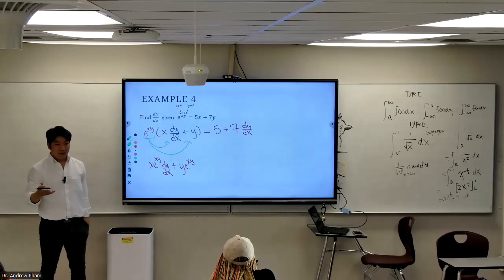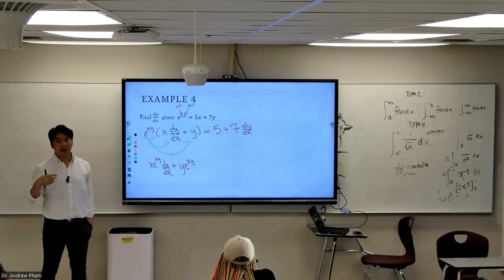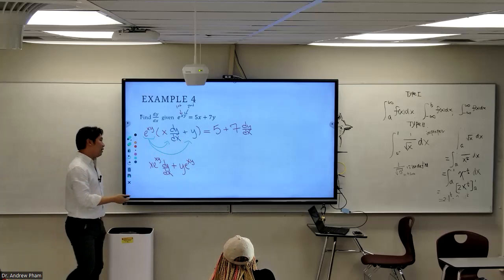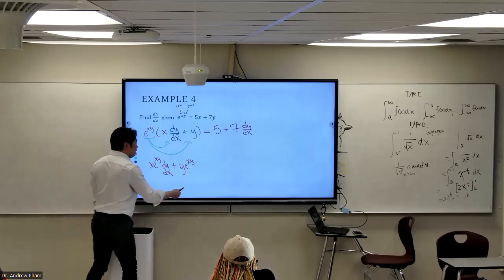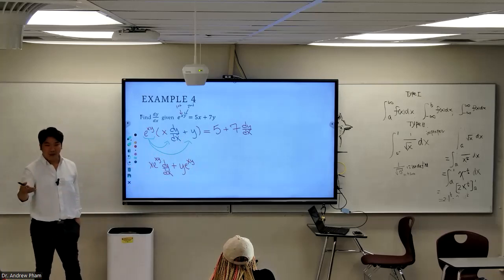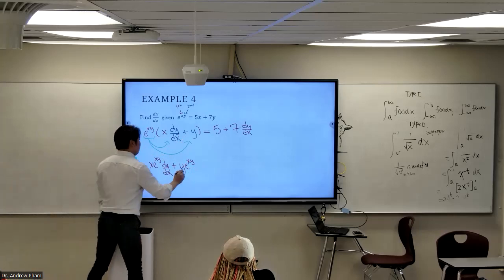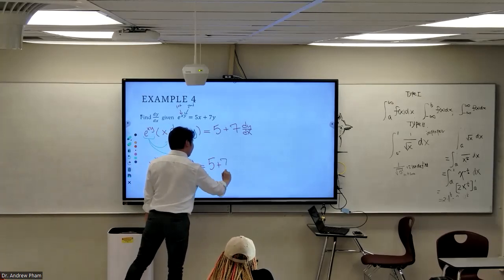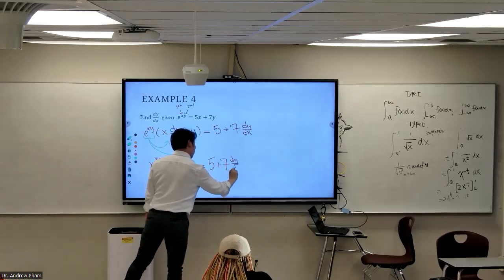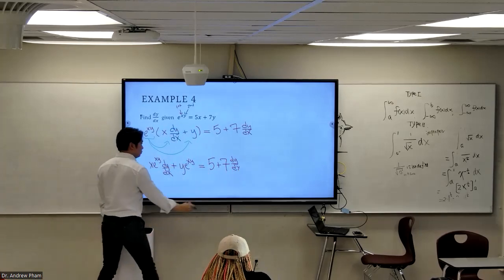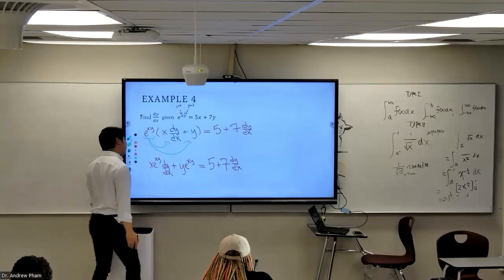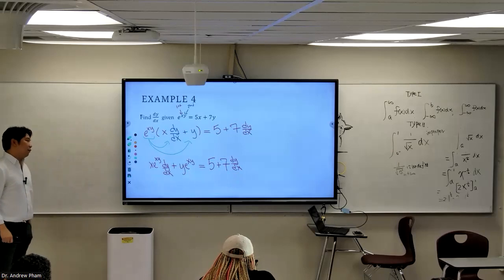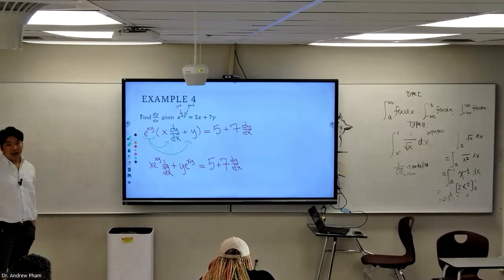I like writing it with the y and the x's in front, just so that we don't get confused. Like if I write y after, sometimes there might be a confusion, is that multiplied or is that in the power? And on the right side, I'm not changing anything. All right, so again, the reason I did that is that it allows me to now add and subtract to move stuff around.